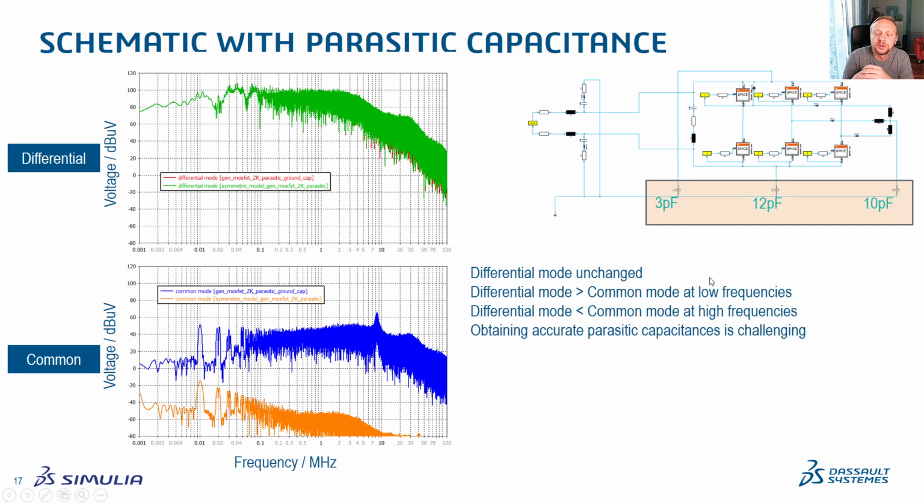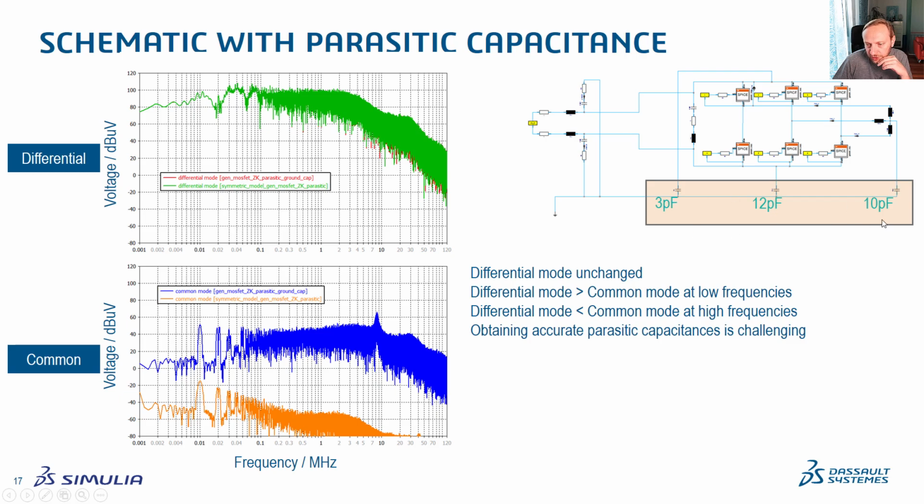Let's continue. Up to now, what I had was just the differential mode. We didn't have the capacitances towards the PE part, and now I'm adding them. Of course, I'm just guessing them. I'm making an educated guess of what might be a typical capacitance, and I added three of them: from the positive input to the ground, from the negative input to the ground, and from the motor to the ground.